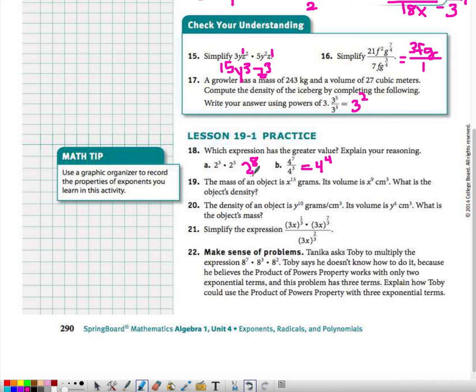So 2 to the 8th is 2 times itself, 8 times. So if we are multiplying out 2 to the 8th, we've got 2 times 2 is 4, times 2 is 8, times 2 is 16, times 2 is 32, times 2 is 64, and we've got to go 2 more, so 64 times 2 is 128, and 128 times 2 would be 256.